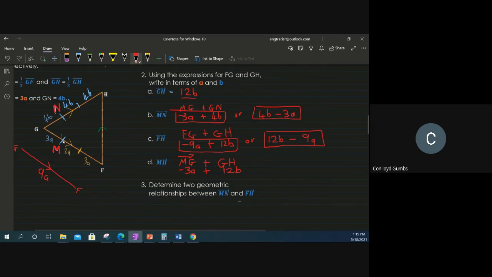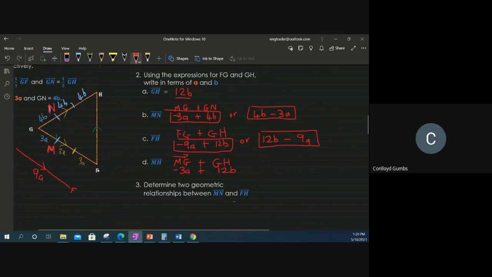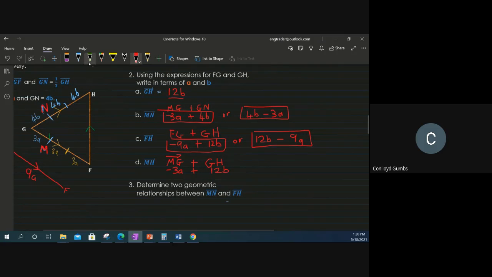You could go M to G, then G to H, or M to F, then F to H, I get the same thing. So say for instance with this one now, M to F, right? Then I could go plus F to H. So M to F is 6, 8, right?